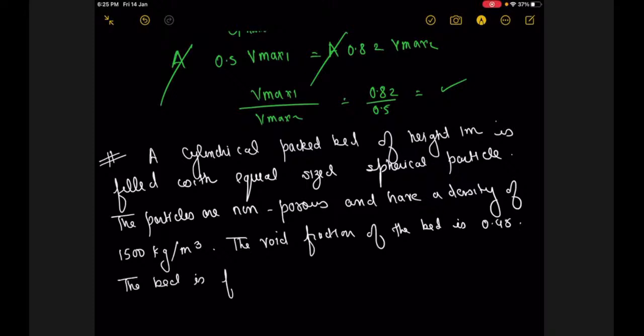The bed is fluidized using air, density equals 1 kg per meter cube.